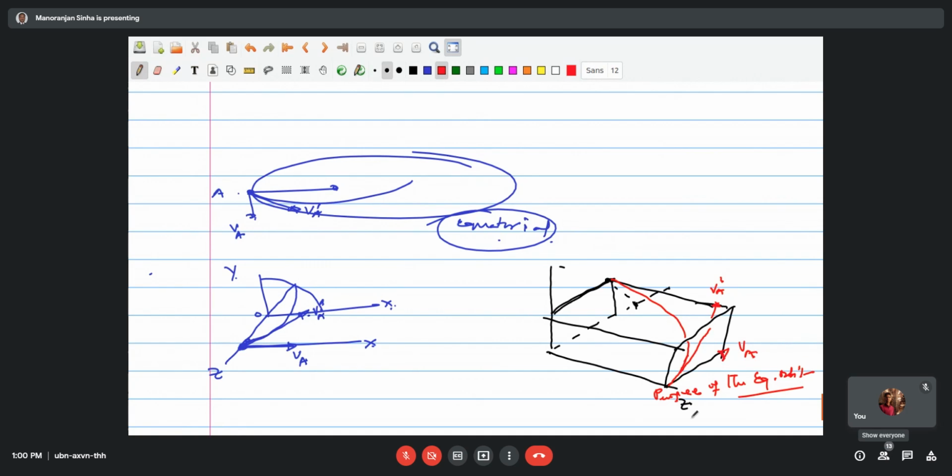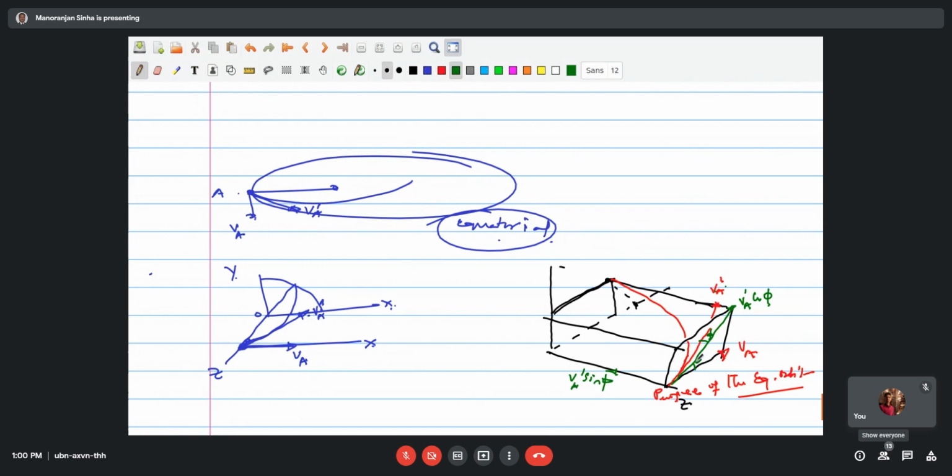Then the angle between this line and this line is your phi. Immediately you can see from here that if this is VA prime, this becomes VA prime cos phi, and along this direction you will have VA prime sin phi. This angle, let us say this is 30 degree here.